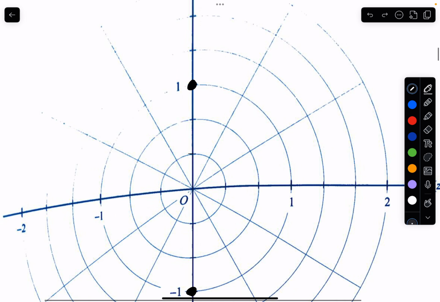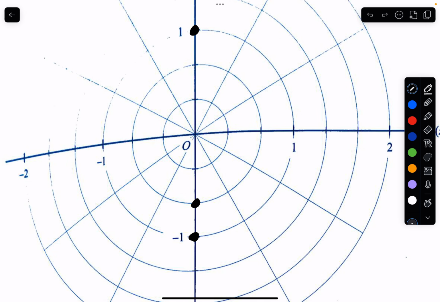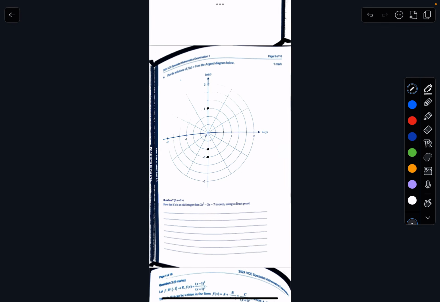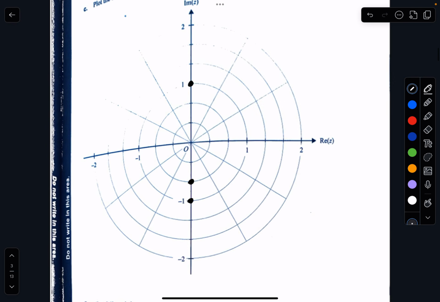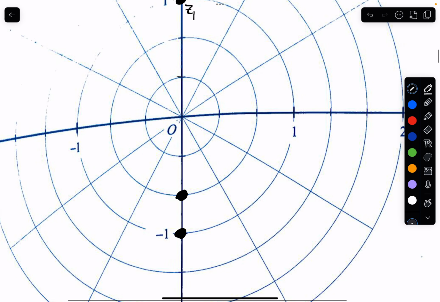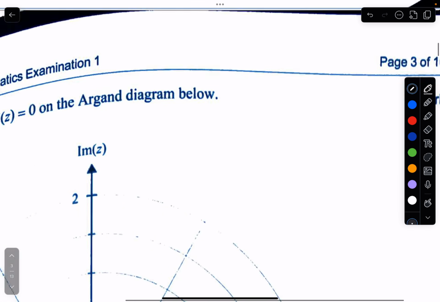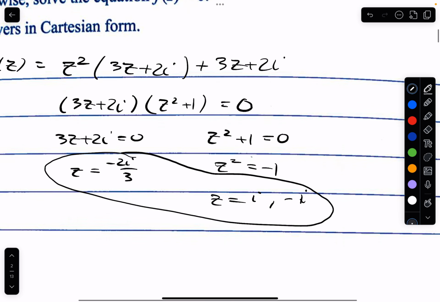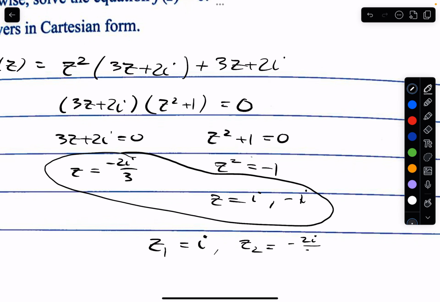Sorry, it should be in the negative. That's a bit weird. Yeah. Okay, so I'll just say Z1, Z2, Z3. Z1 is equal to i, Z2 is equal to negative 2i on 3, Z3 is equal to negative i.